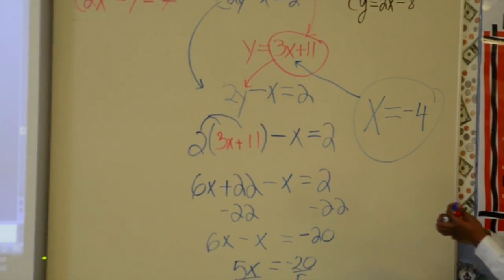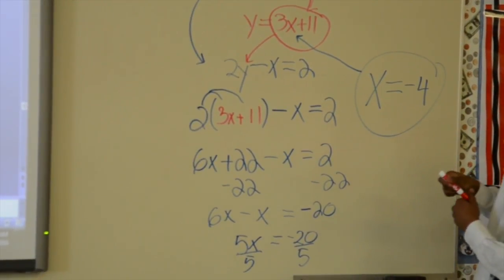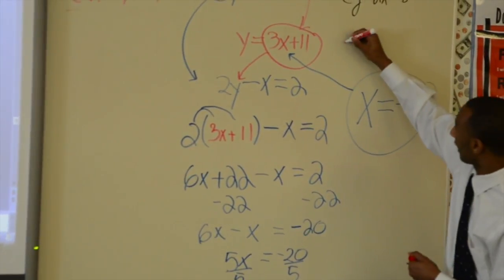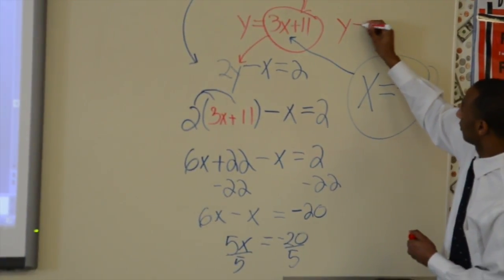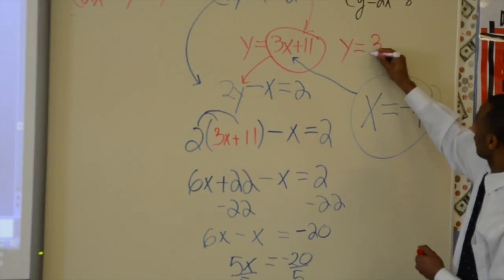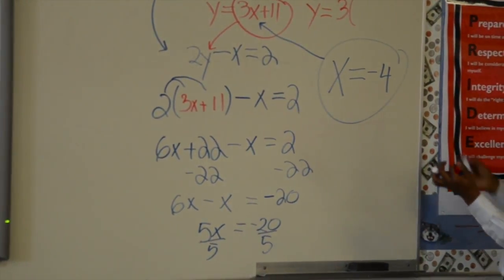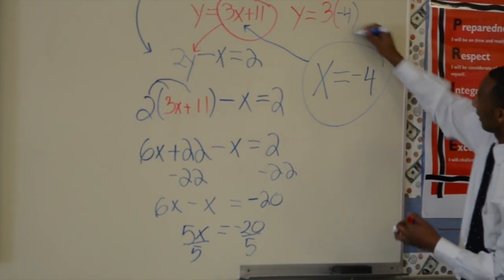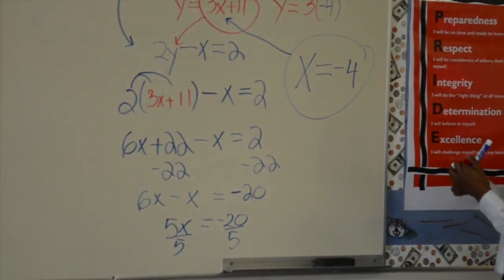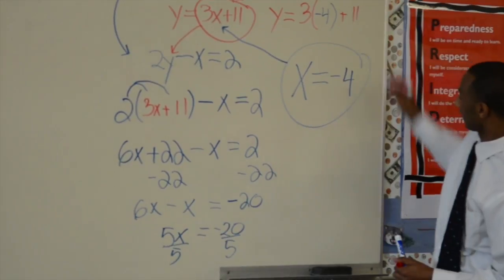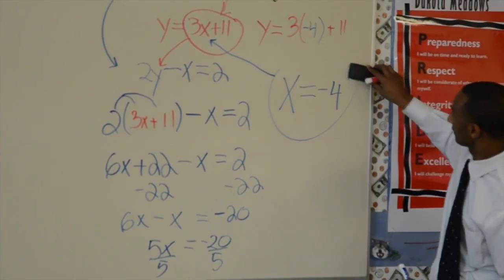So we get y is equal to 3 times negative 4 now, plus 11.